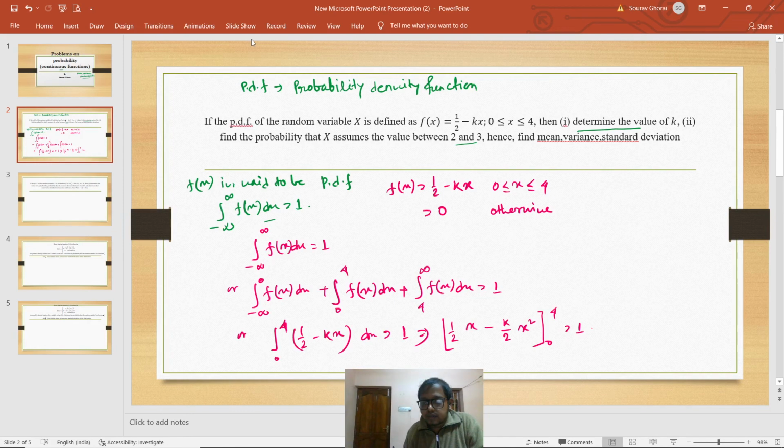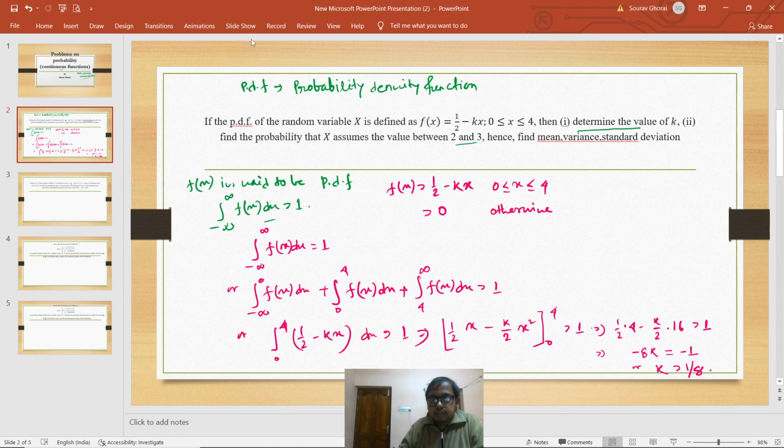So we get half into 4 minus k by 2 into 16 is equal to 1. From here, if we calculate, we get minus 8k is equal to minus 1, so the value of k is equal to 1 by 8.